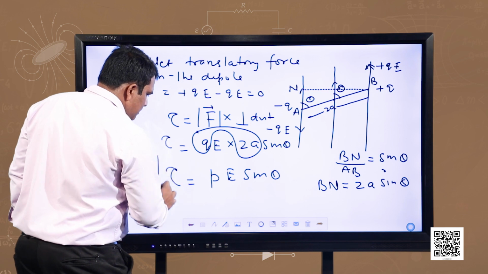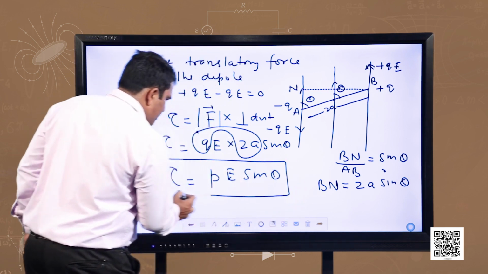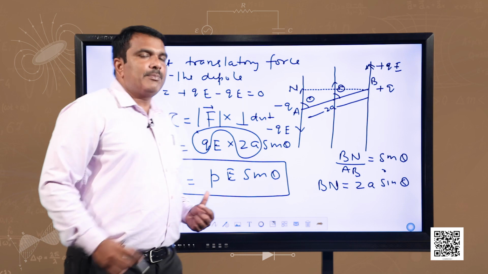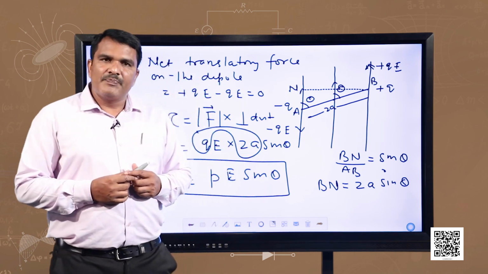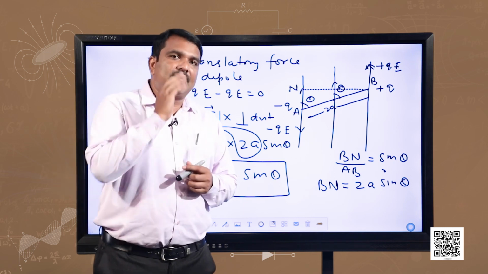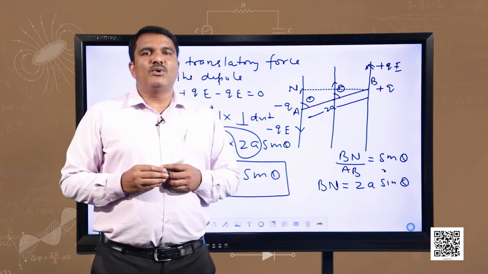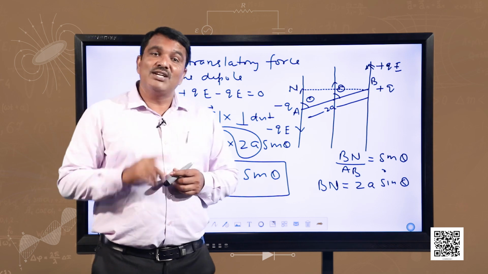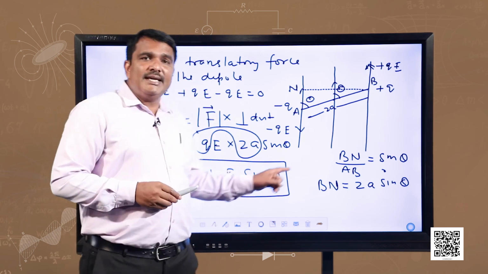This is your final expression for the torque acting on an electric dipole in a uniform electric field. Hence, we observe that when an electric dipole is placed in a uniform electric field, the net force on the dipole is 0, but the net torque is non-zero, and the torque is PE sin theta.